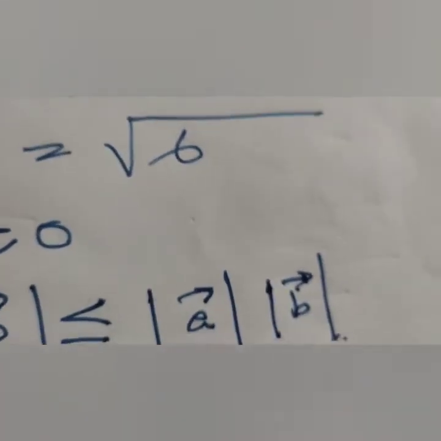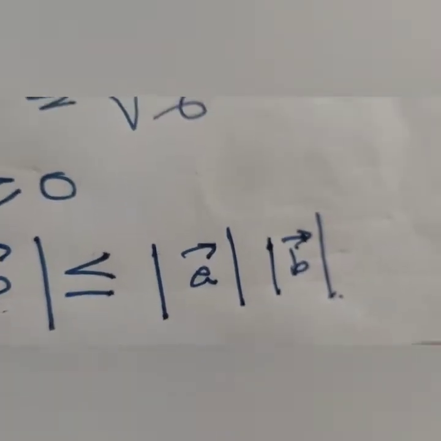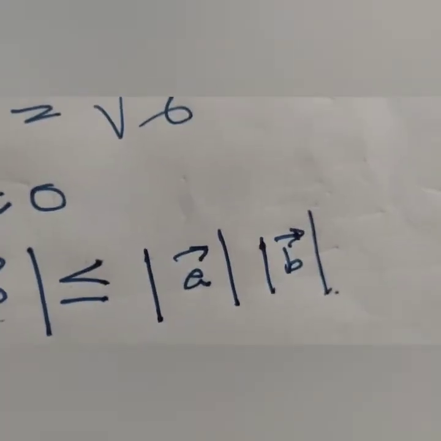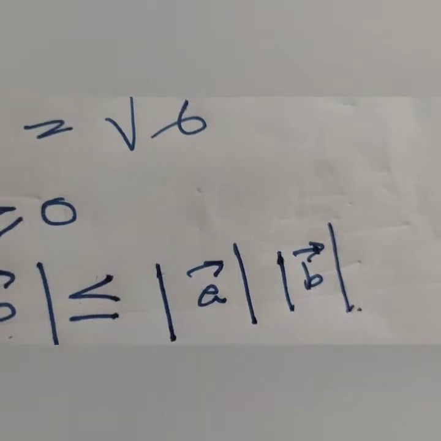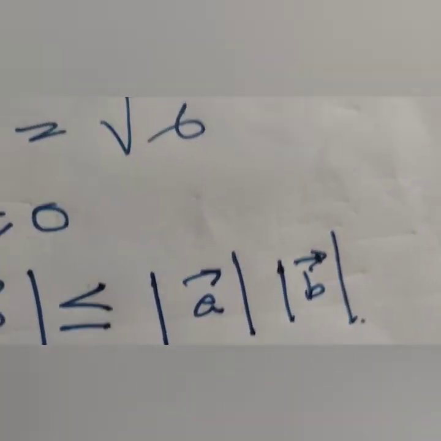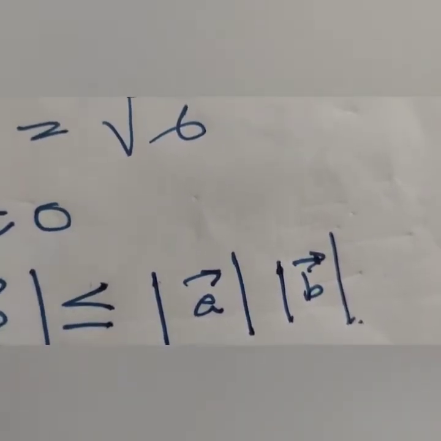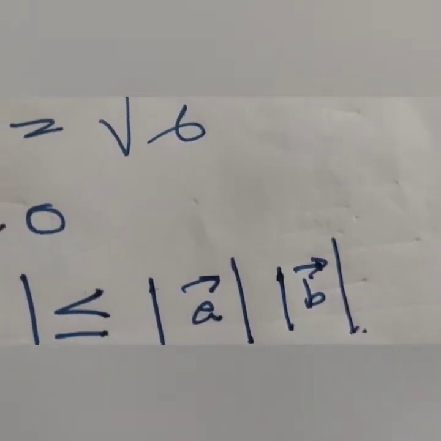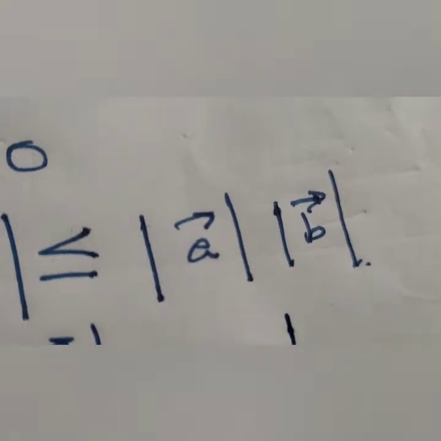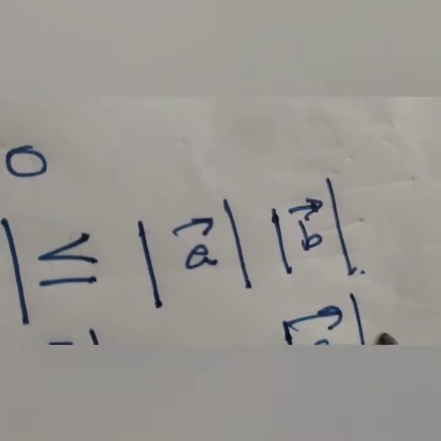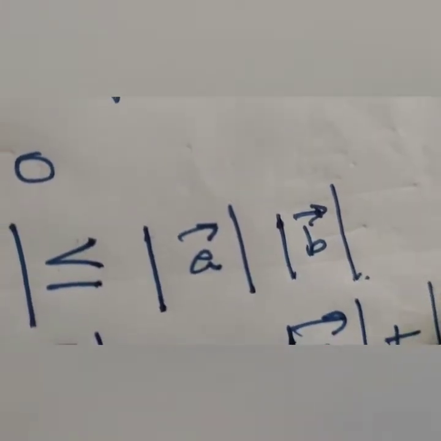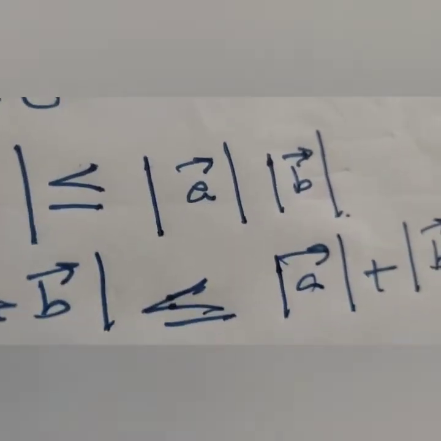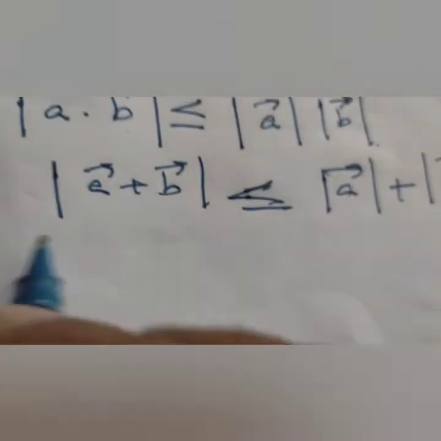So it will not be coming greater than that value. And the third condition is modulus of A plus B is less than or equal to modulus of A plus modulus of B.